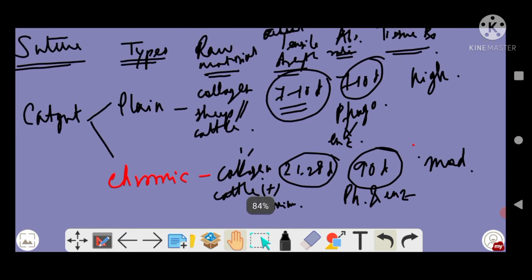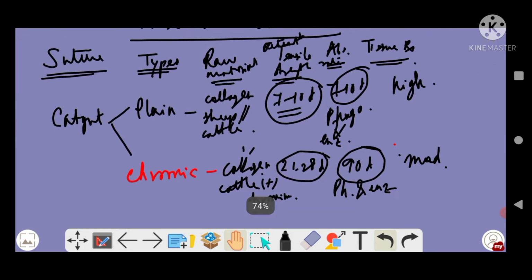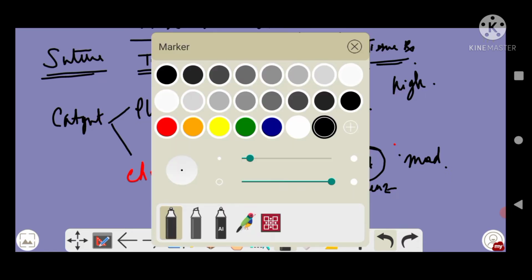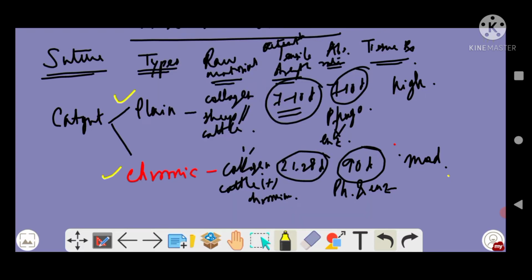So let's revise the catgut. There are two types of catgut: plain and chromic. For both plain and chromic, the raw material is collagen derived from sheep or cattle. In chromic, in addition, chromium is added.